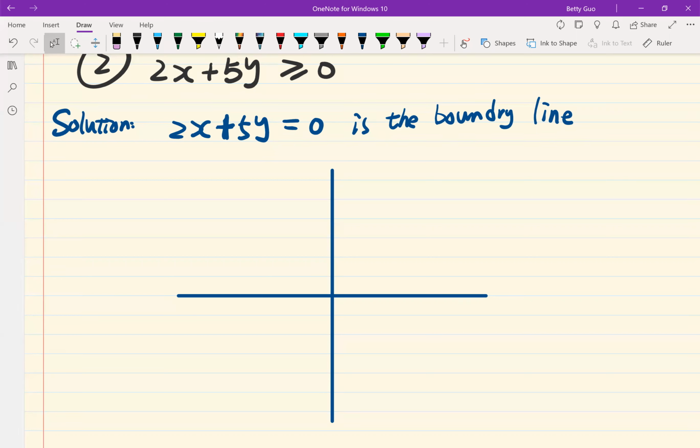Yeah, 0. So this straight line passes through the origin. When you try to find the intercepts for this equation, you notice it has an x-intercept and a y-intercept both equal to (0, 0). Obviously, if you make y be 0, 2x is 0, so x is 0, right?